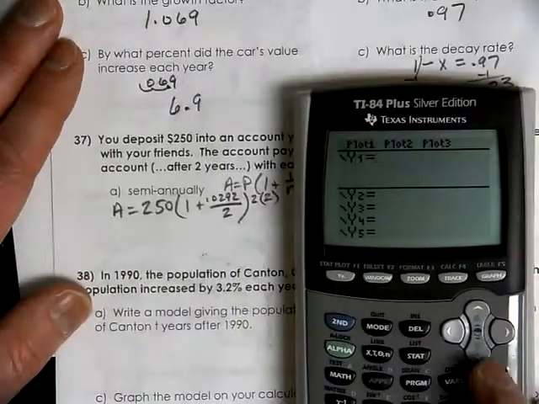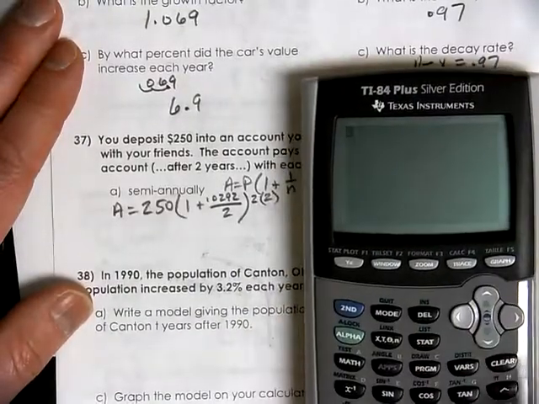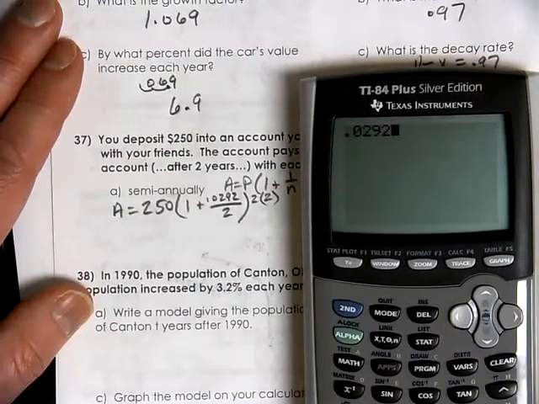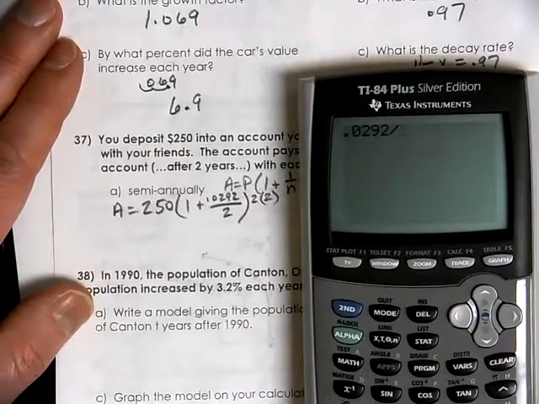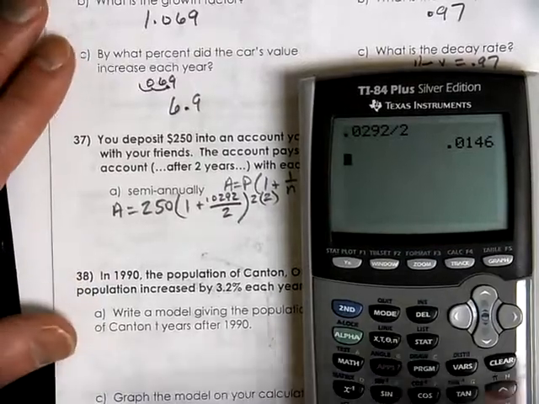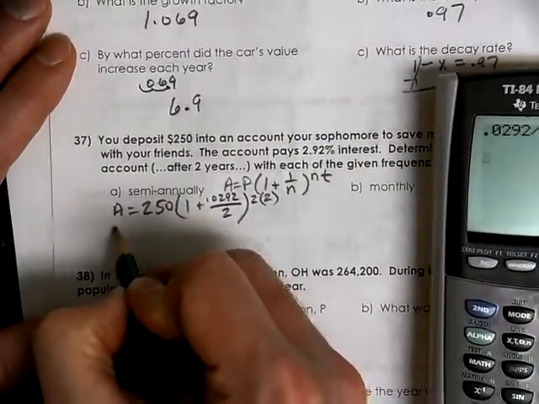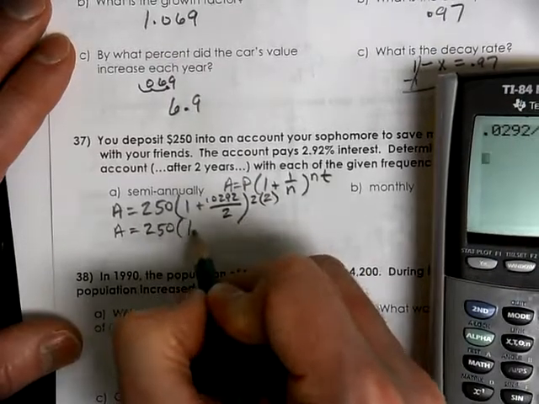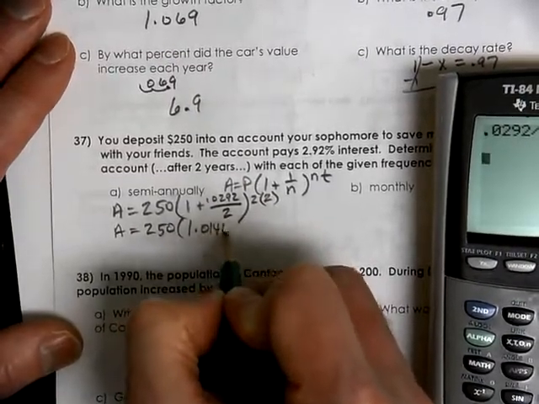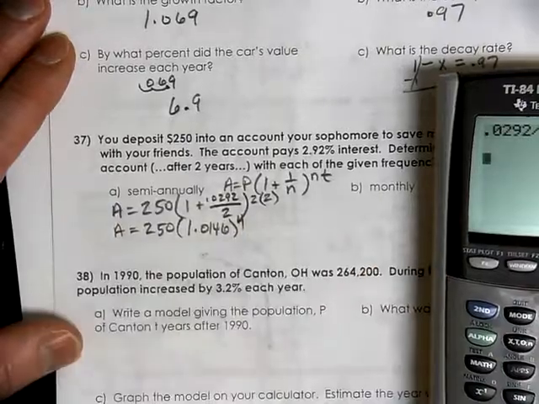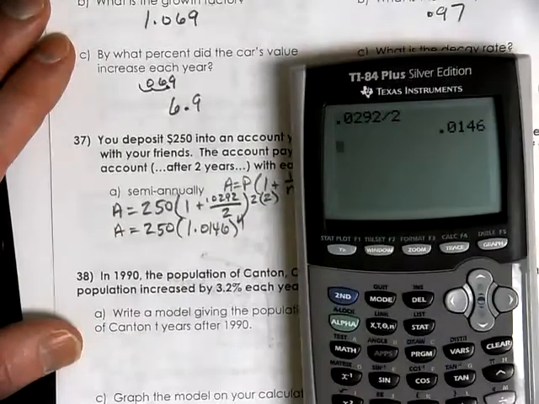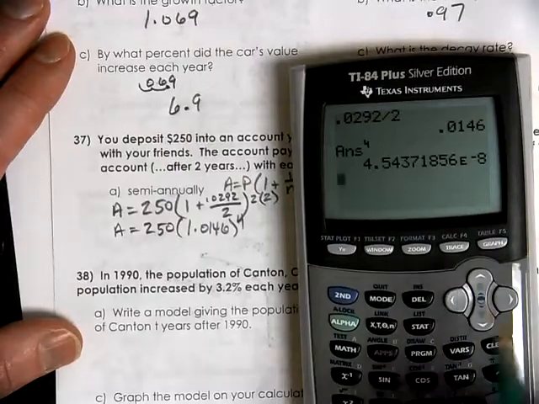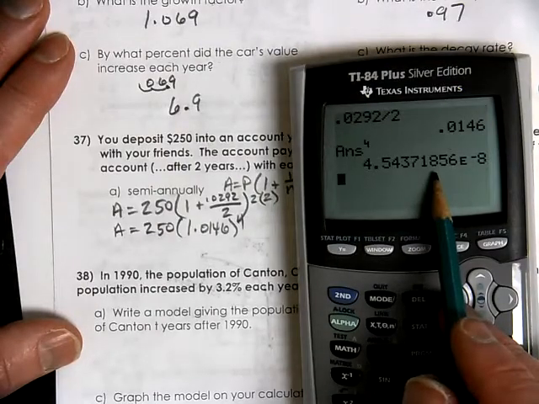So what we'll do is come over to your 0.0292 and divide that by your n value. So we're now going to have 250 times 1.0146 to the 4th power. So we can raise that to the 4th power, which is a very small number.